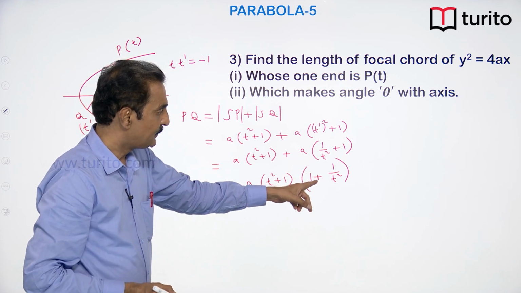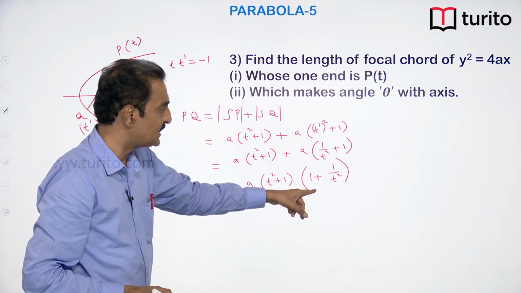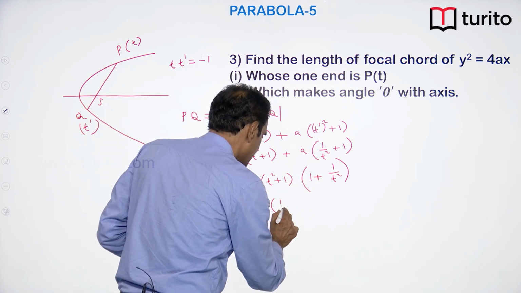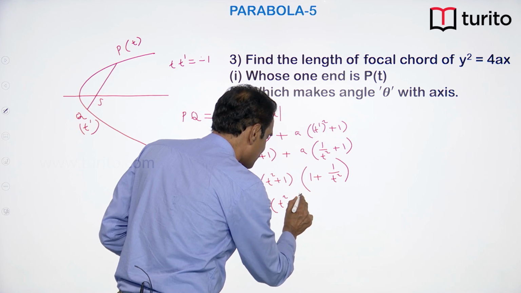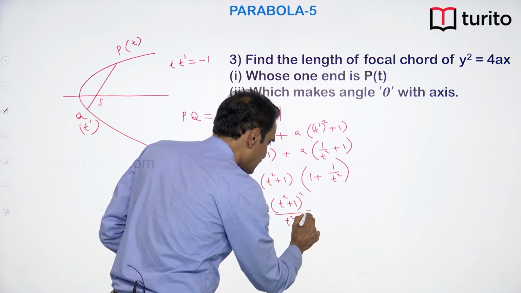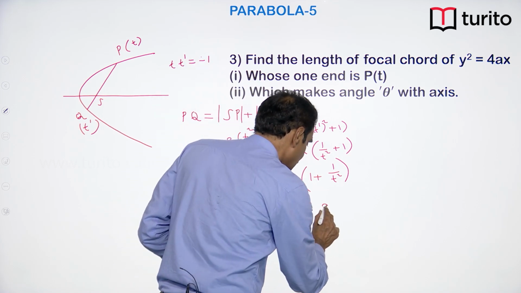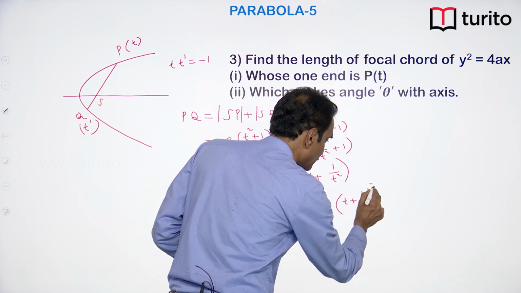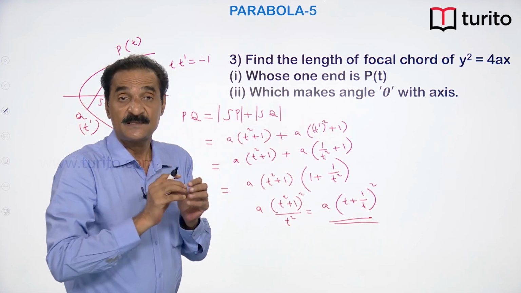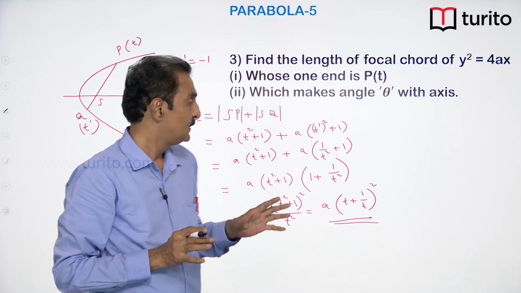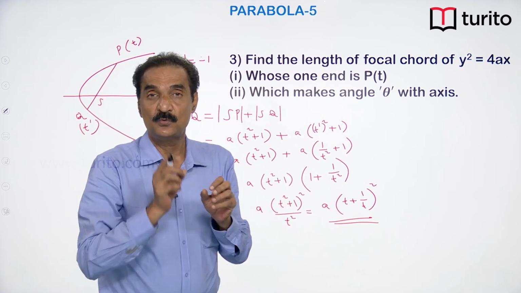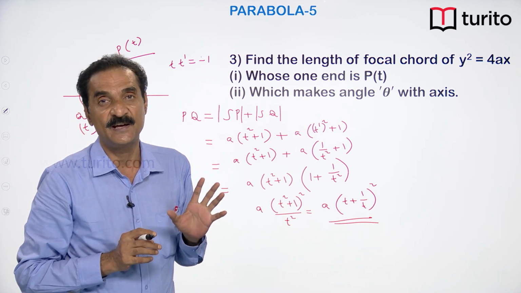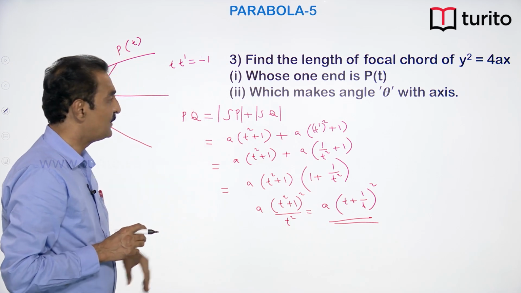Then again taking T square LCM, you will get A into T square plus 1 whole square by T square, but it is better to remember this as A into T plus 1 by T whole square. Take this as a formula. Length of the focal chord whose one end is with parameter T is A into T plus 1 by T whole square. Now, coming to next question.